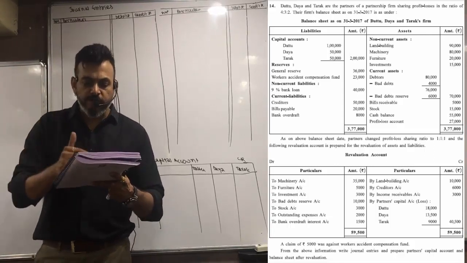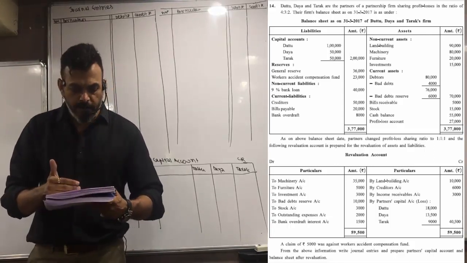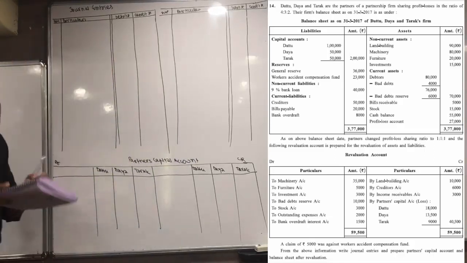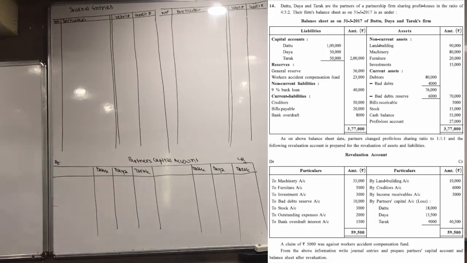Now first let's write the journal entries of revaluation account because it is just right in front of us. Write revaluation account debit. First we write the debit side.